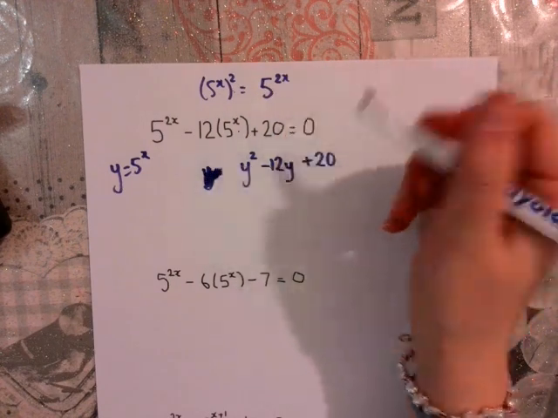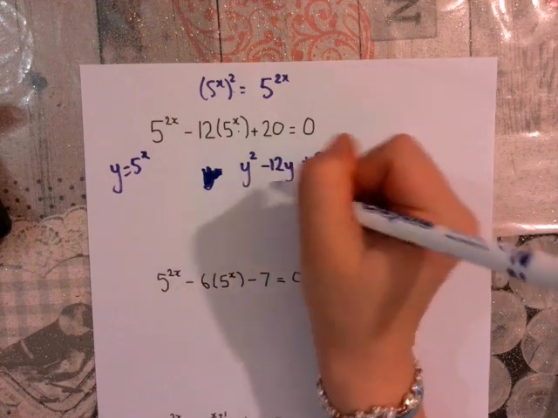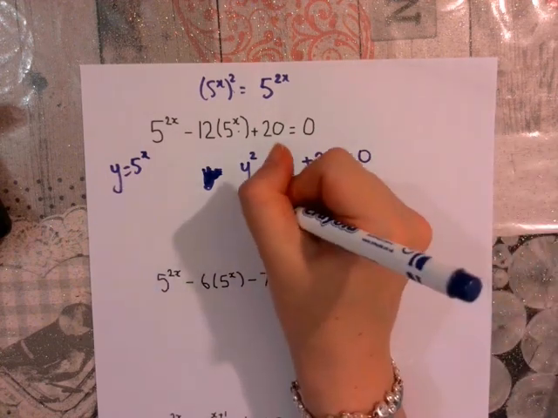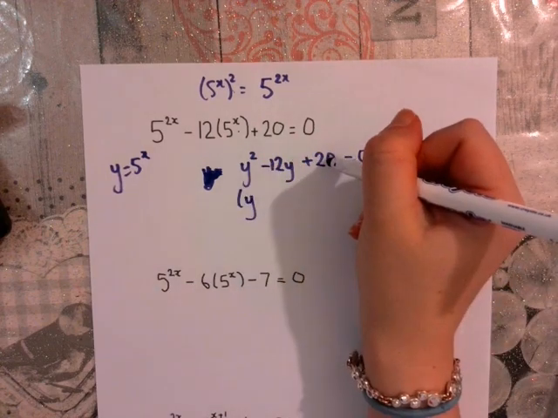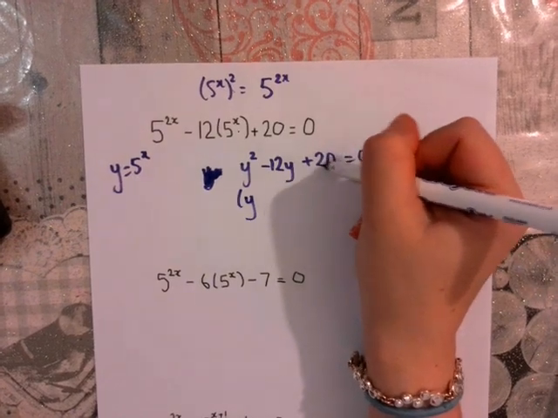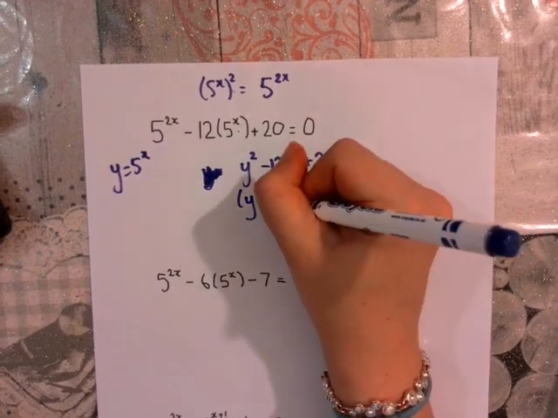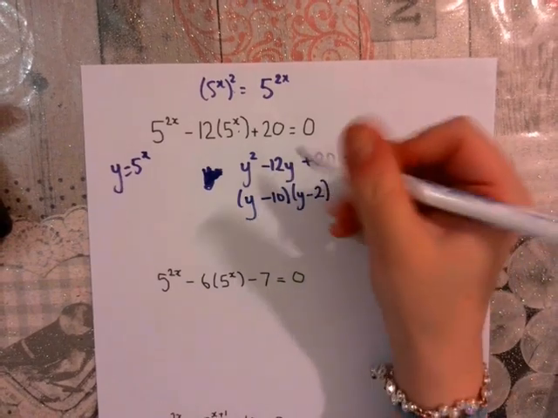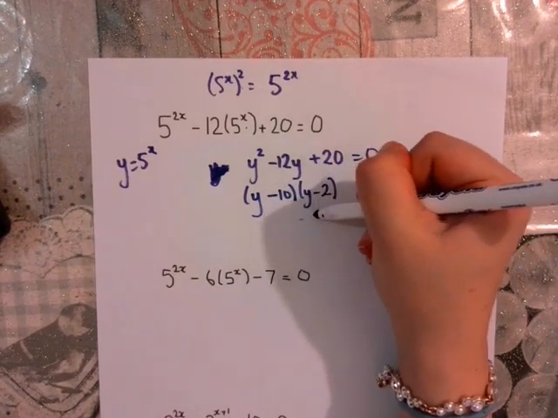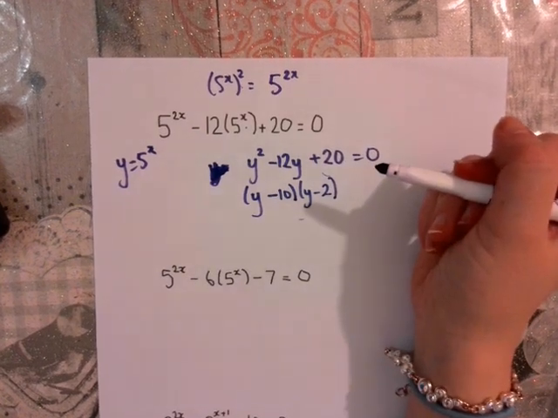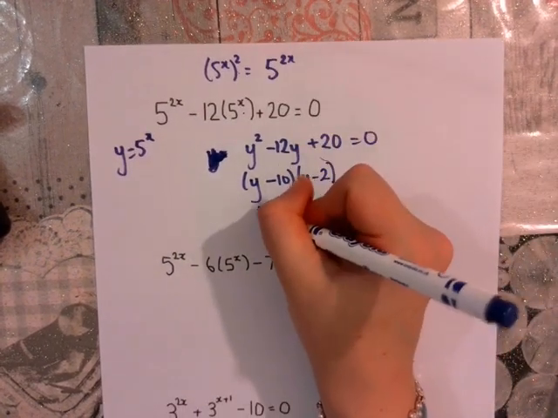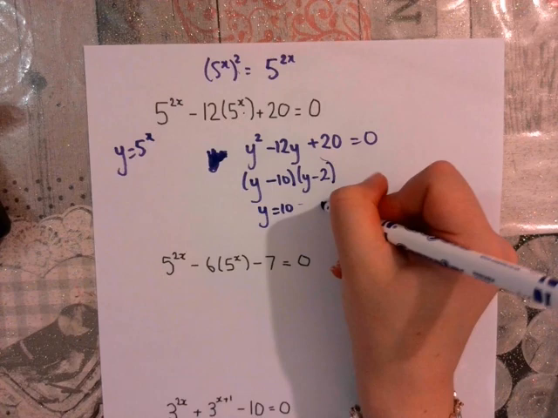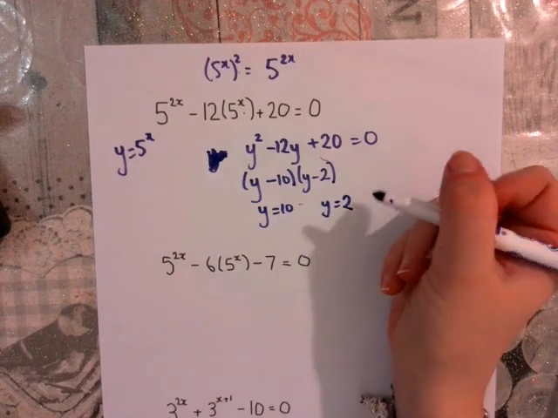And now we're going to factorise this, so that equals 0. So we're looking for numbers that multiply to get 20 that I can make minus 12 from, so it's going to be minus 10 and minus 2, so then the minus 10 times the minus 2 gives me the positive 20. So therefore my two values of y are 10 and 2.